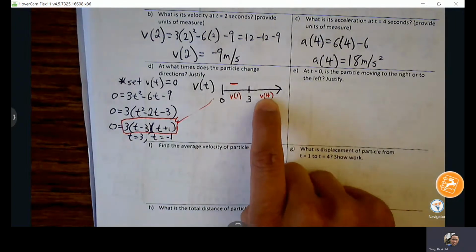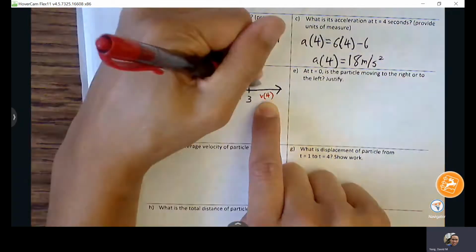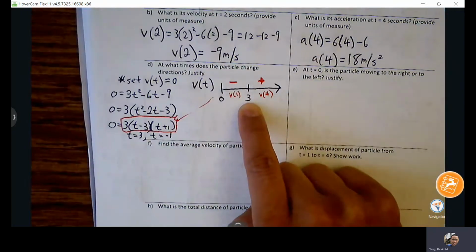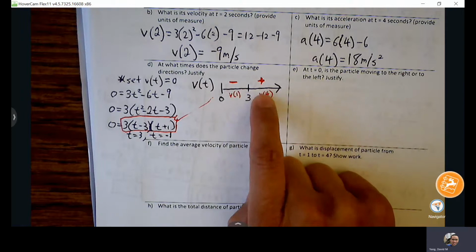At 4, if I plug 4 in for t, I get positive times positive, which is positive. So not only is the particle motionless, or at rest, at 3, it's also a point of change in direction, right? Goes left, stops, turns around, goes right.